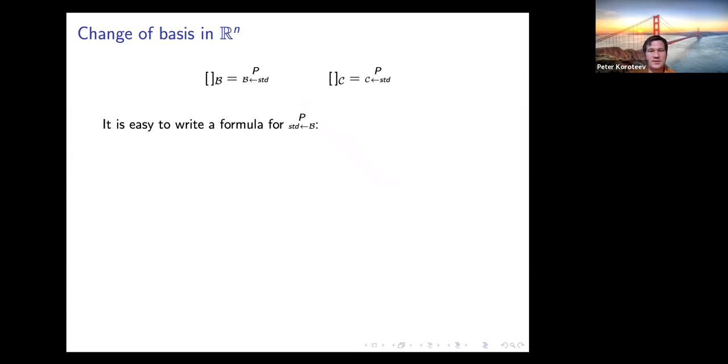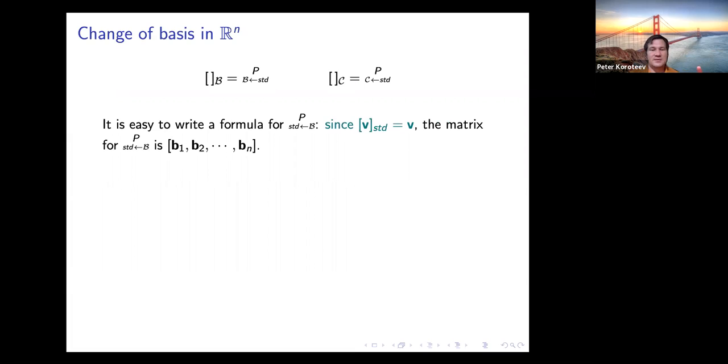So based on what we know, it's easy to write a formula for the change of basis from, say, B to standard, since in the standard basis the image of v is just v. It's simply how you expand your vector: what are the coefficients of the expansion in the standard basis?